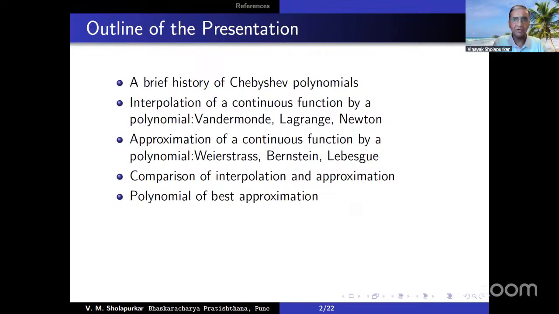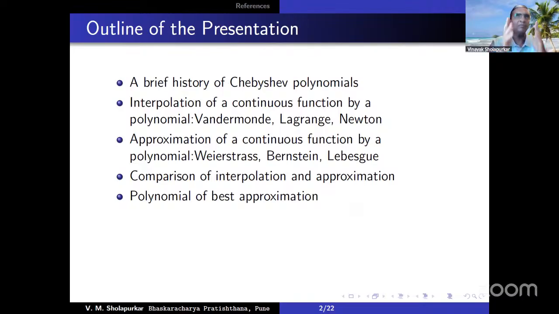Some of you must have already seen this, the polynomial of best approximation. That is, given a continuous function, Weierstrass theorem says that one can approximate this continuous function by a polynomial. But now suppose I fix the degree, suppose I want polynomials of degree less equal n, then can I find the best approximation? I will define what best approximation means. Suppose P star is a polynomial of best approximation.